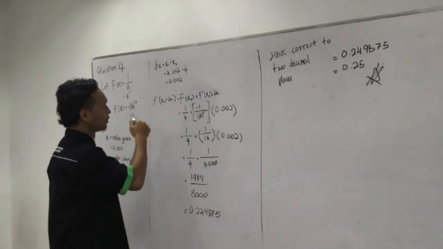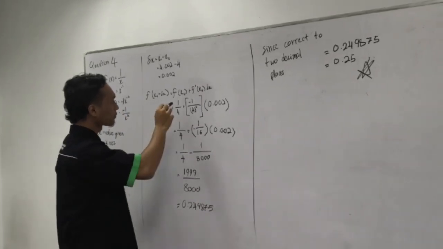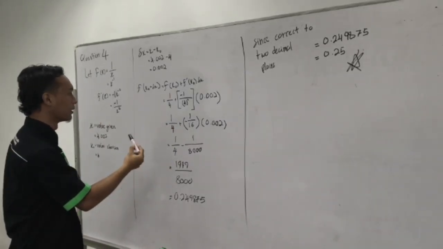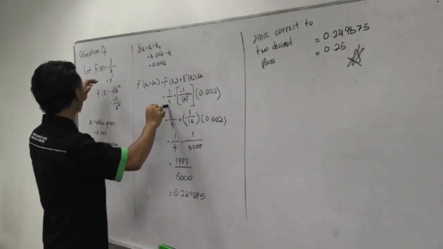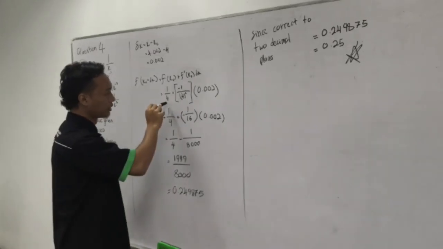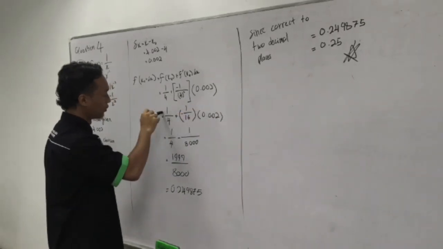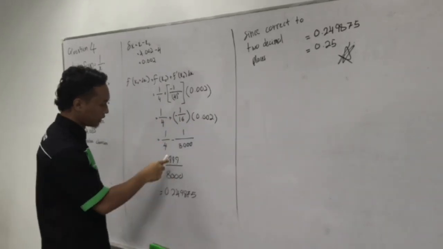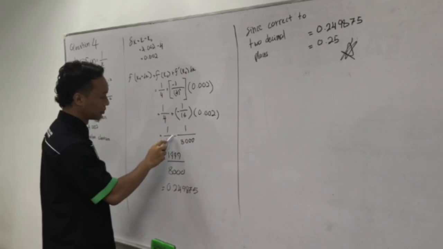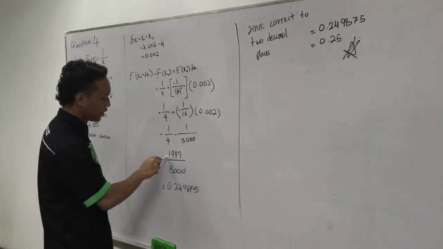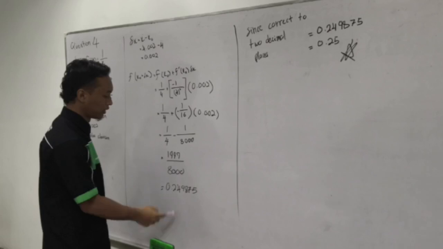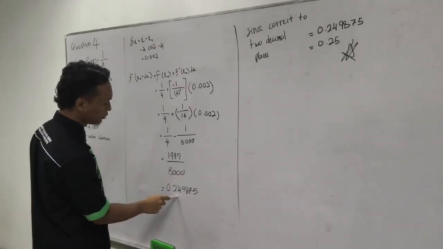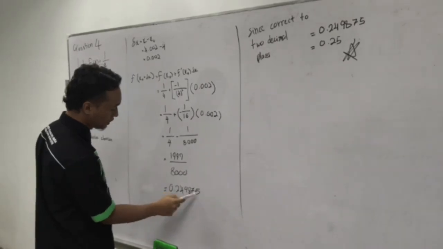And then this is the formula for the approximation. And then we substitute the value, and then 1 over 4. We simplify this, and then solve this, it becomes 1999 over 8000, and then becomes 0.249875.